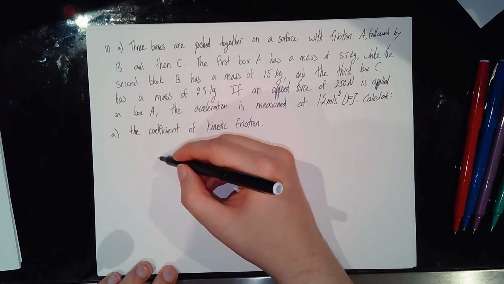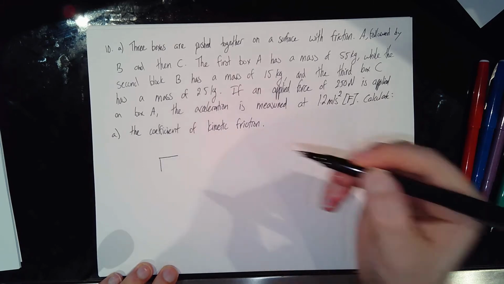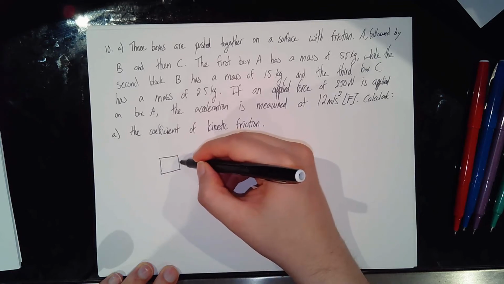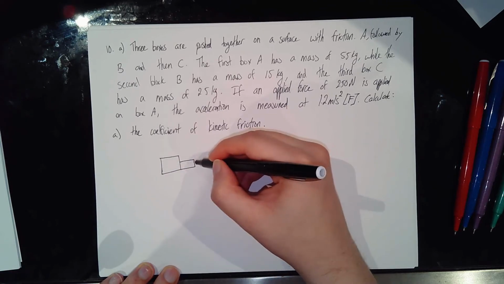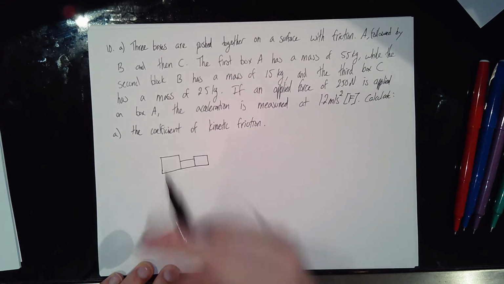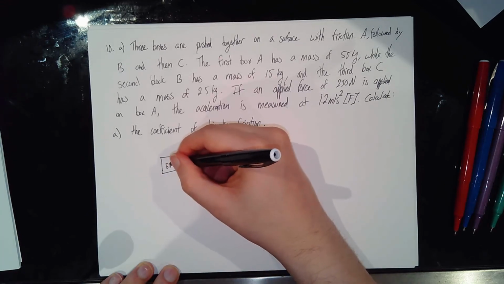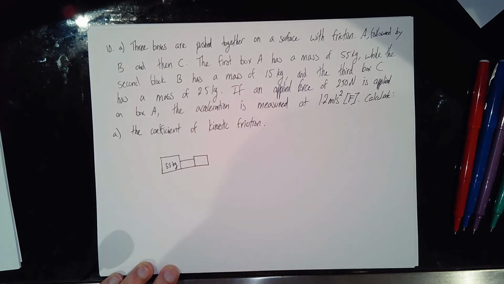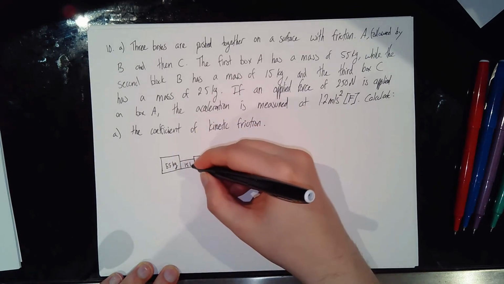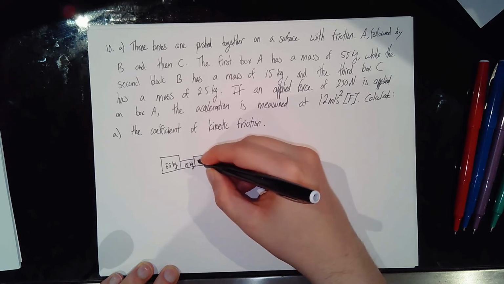So, the situation that we have are three boxes, A, B, and C, one after the other. Box A has a mass of 55 kilograms, box B has a mass of 15 kilograms, and box C has a mass of 25 kilograms.